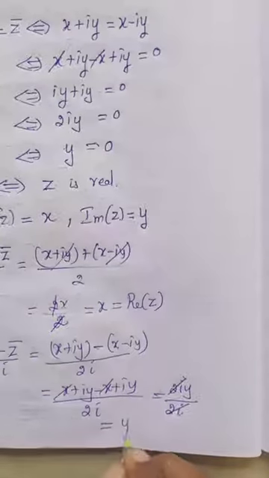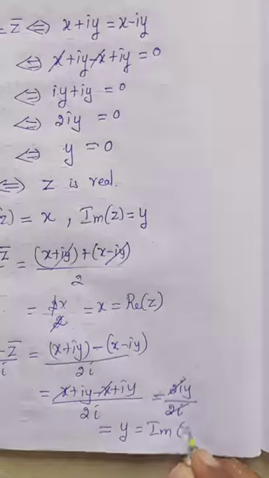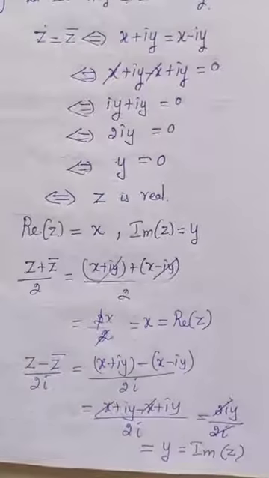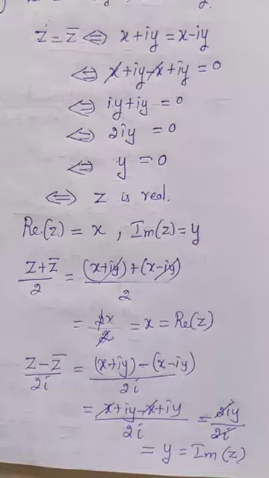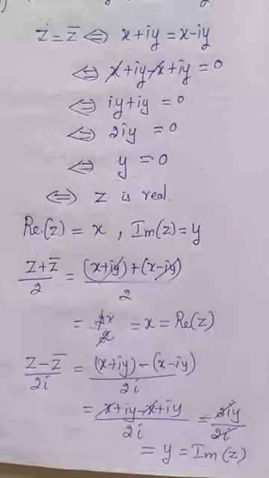So we have got only y. We know that y is equal to imaginary part of Z. Therefore, real part of Z is equal to Z plus Z bar divided by 2, and imaginary part of Z is equal to Z minus Z bar divided by 2i.